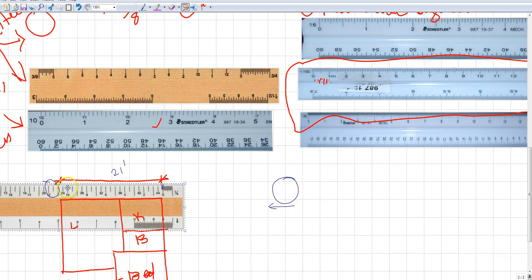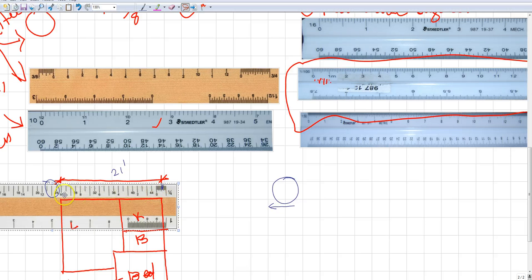Now how do I know it's 10 and a half? Because it goes 10 and then it goes straight to 11, right? I cannot see what the division is right there. So what I would do is move my scale and put it on 10. See, now it's lined up with 10, and now go back, read this way.